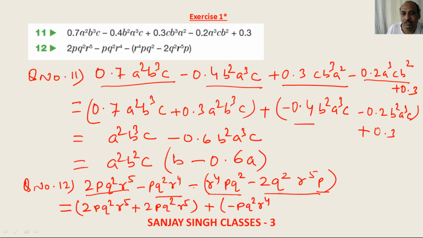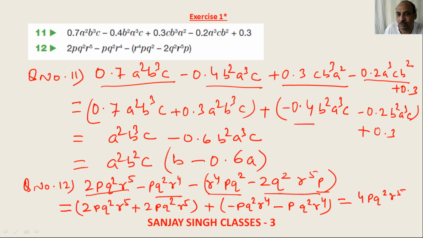Here also minus into plus will become minus p q square r to the power 4. And this will be giving us 2 plus 2, 4, so 4p q square r to the power 5.